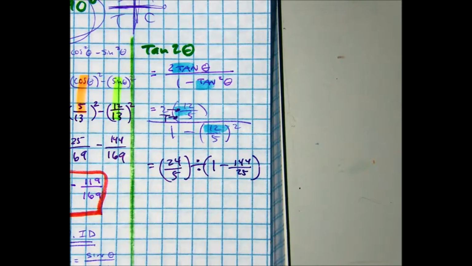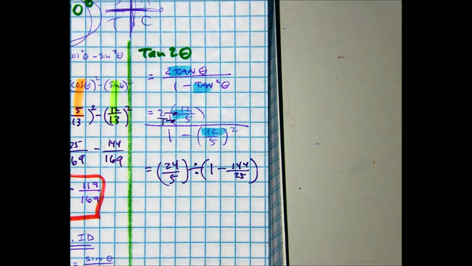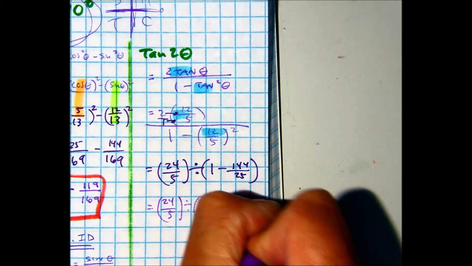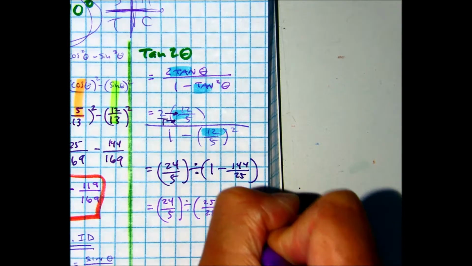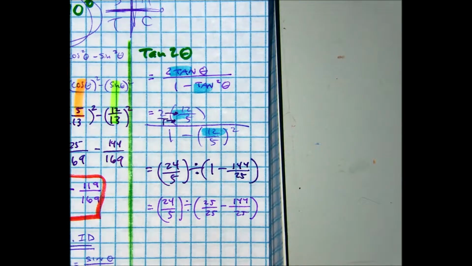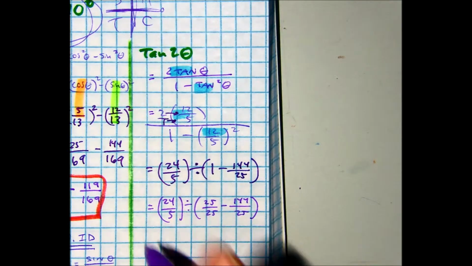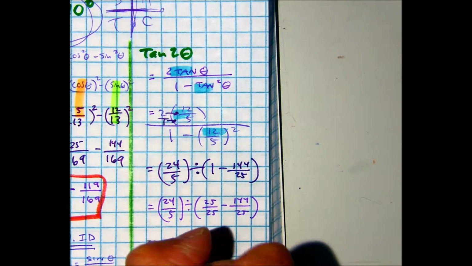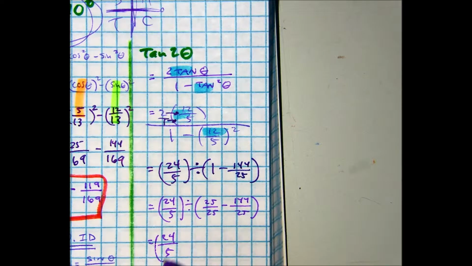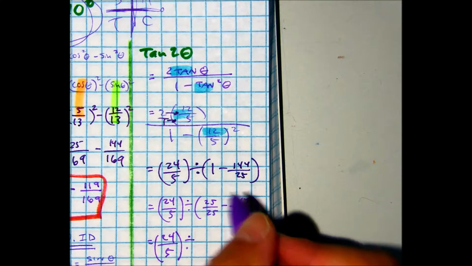So now this one becomes, what does the 1 become? 25 over 25 minus 144 over 25. 25 minus 144. Josh already did it. Josh, what was your answer before? 25 minus 144. Oh, 119. Negative 119.